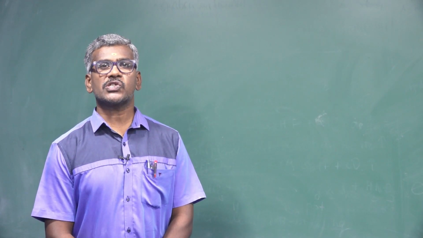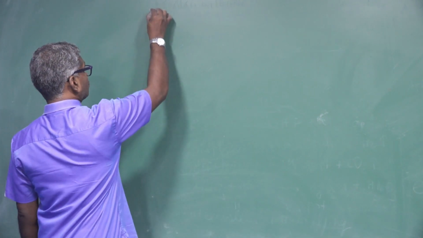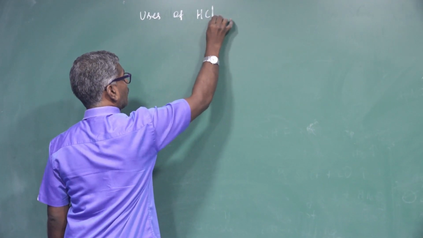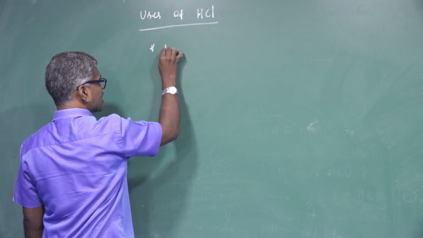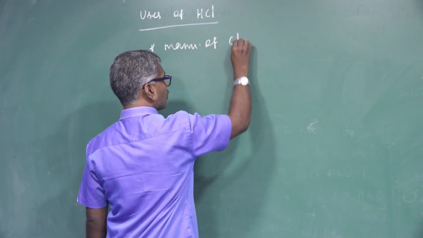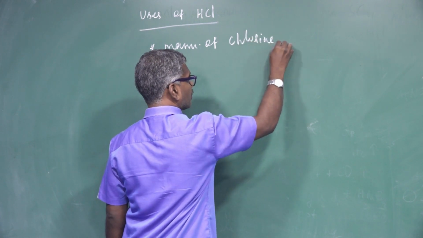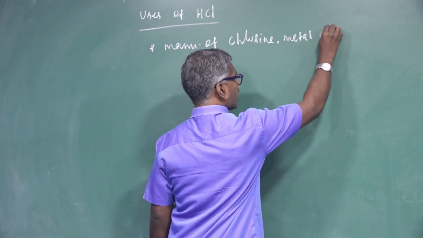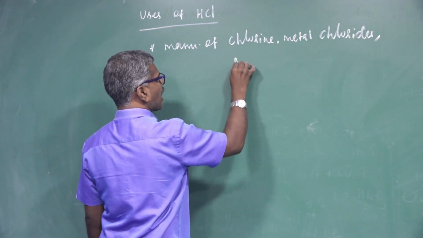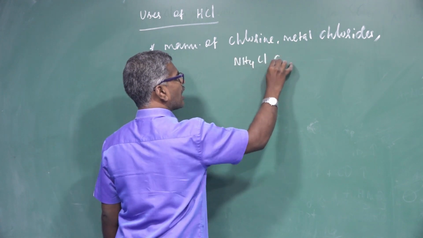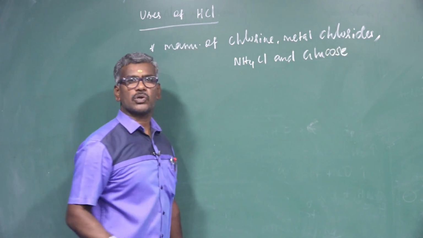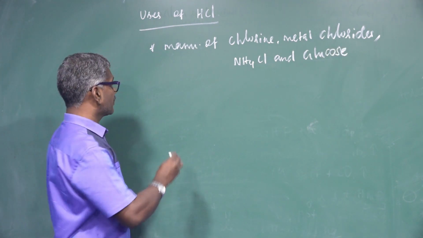Another one, uses for HCl. HCl is used for manufacture of chlorine, metal chlorides, that is ammonium chloride, and glucose. Glucose formula C6H12O6.